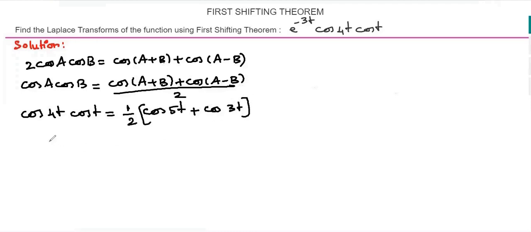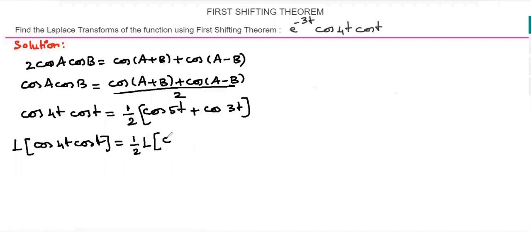That's it. Now I need to apply Laplace because my question is to find the Laplace transform. So Laplace of cos 4t cos t. First you have to apply Laplace for this function, and then we can raise it with the e to the power. Now the half is a constant, so I'm just taking it outside of the Laplace.